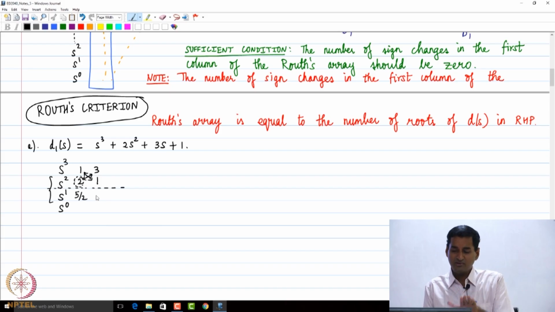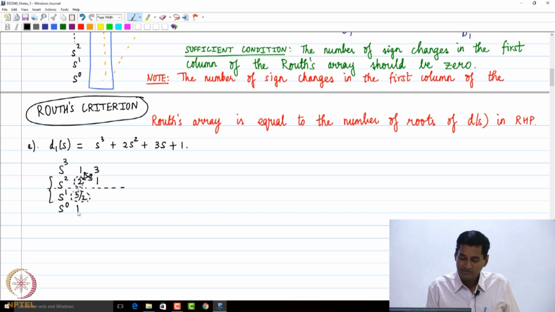When you have reached the s power 1 row, you don't have an entry here, so you take it as a null entry. So 5 by 2 times 1 minus 2 times 0 is 5 by 2, and then you divide by 5 by 2 itself. What will you get? You will get 1.